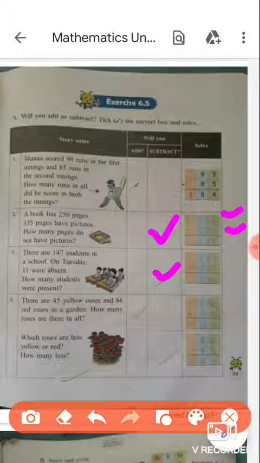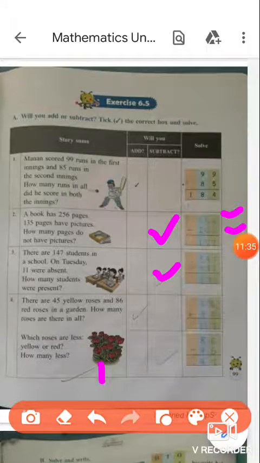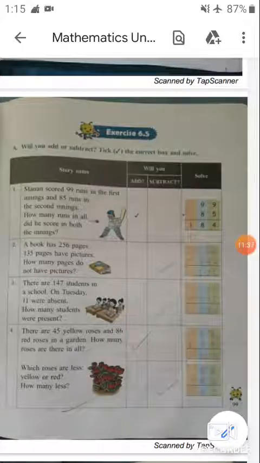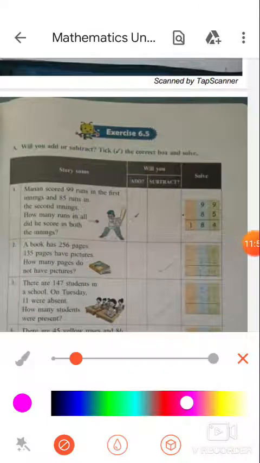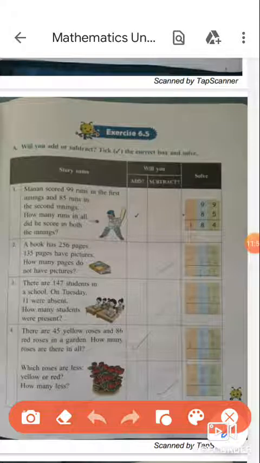Now question number 4, that is the last question. There are 45 yellow roses and 86 red roses in a garden. How many roses are there in all? Which roses are less, yellow or red? How many less? So students, here there are 45 yellow roses and 86 red roses in a garden. You have to tell the total number of roses in the garden.